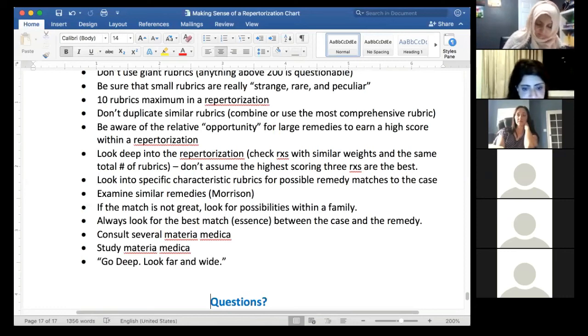Also look at related rubrics, like Dorothy said, the rubrics related to the symptom. If you combine rubrics, you don't want to combine a general and a physical, and a nose and a knee and the weather sensitivity. You want to combine rubrics that all come out of one symptom.